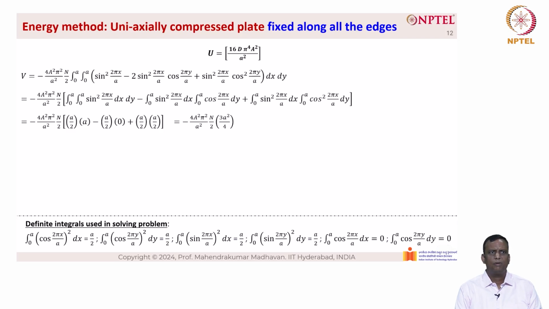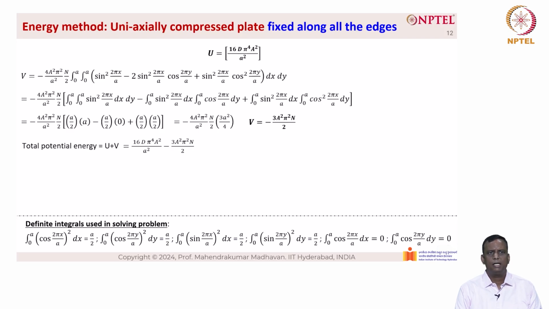So, when we get this value, the value is given as minus 4 into a square into pi square by a square into n by 2 into 3 a square by 4. We simplify this further, we get the potential energy equation as minus 3 a square pi square n by 2.